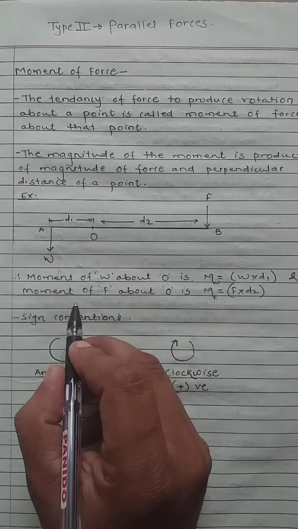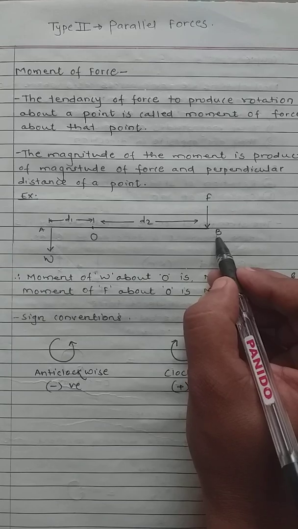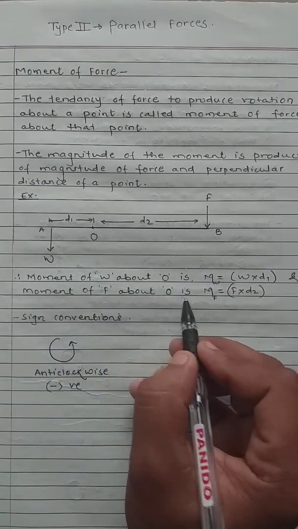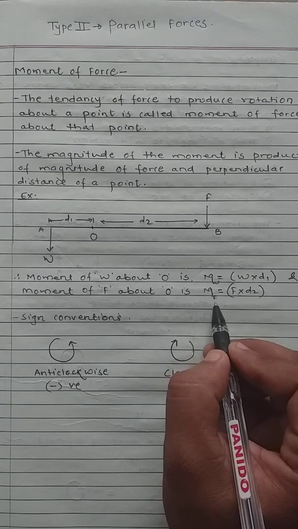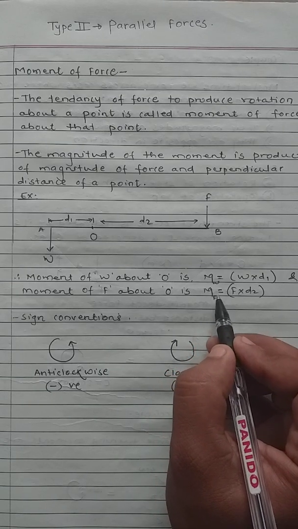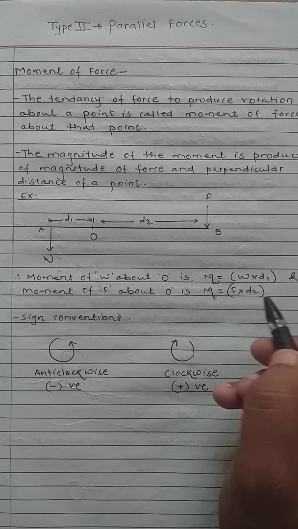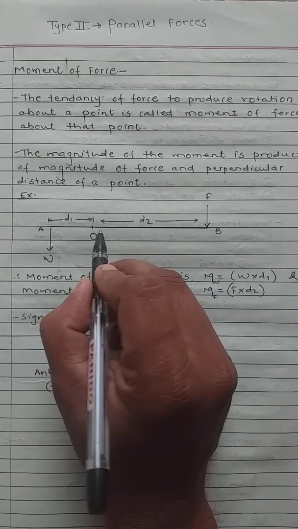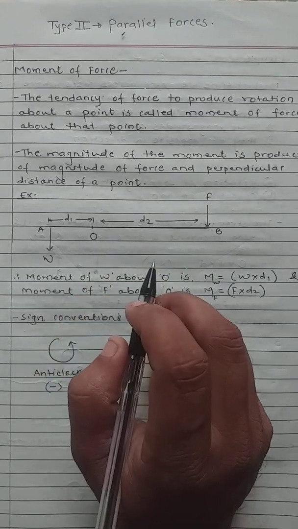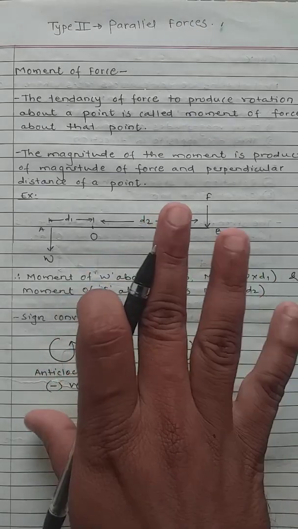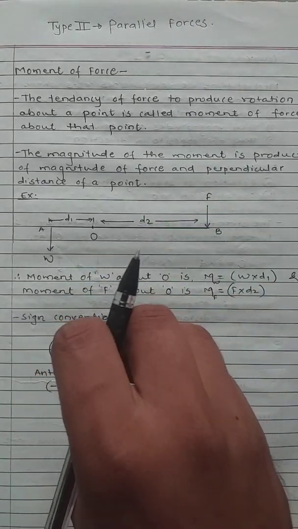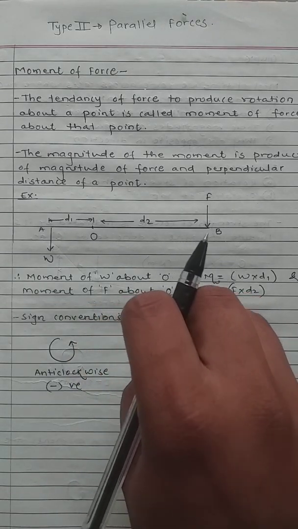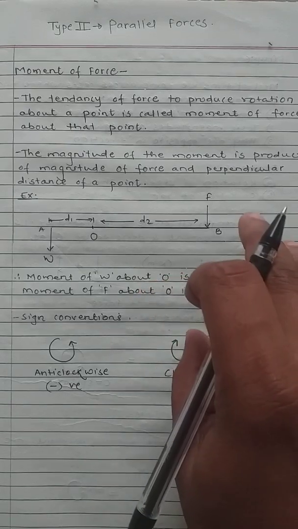Similarly, if I want to know the moment of force F at point O, it will be written as moment of force F, or simply capital M for moment, is equal to the product of force and perpendicular distance, so F into D2. Important, in simple words, the moment is nothing but the product of the magnitude of force and the perpendicular distance from a point.